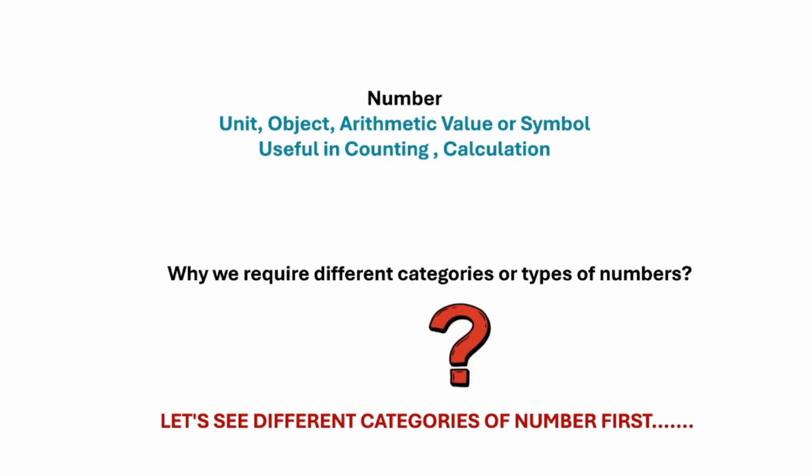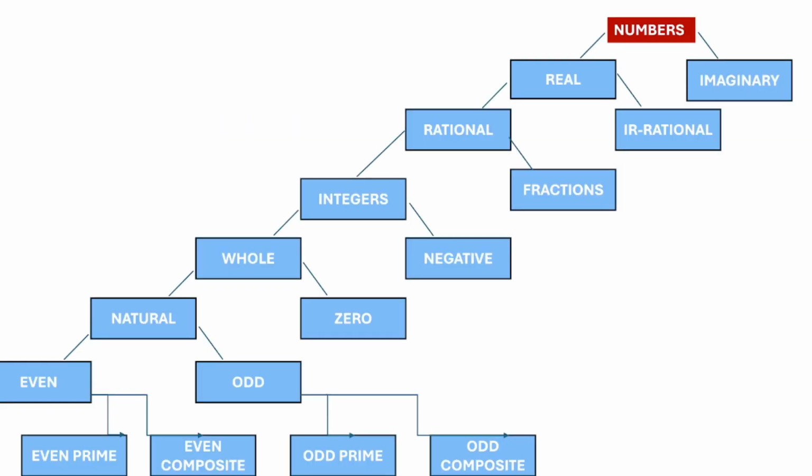So let's get started with first understanding what the different categories of numbers are. Here we have a diagram on the screen. At the top, as you can see, we have written numbers, meaning we are covering all types of numbers, and we indicate it in red at the top.